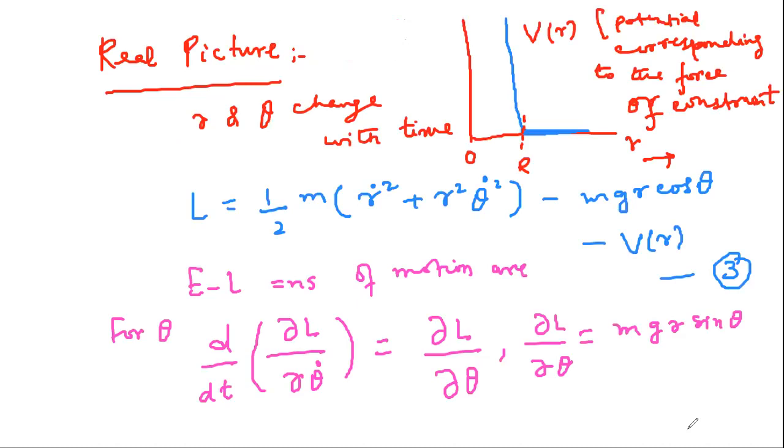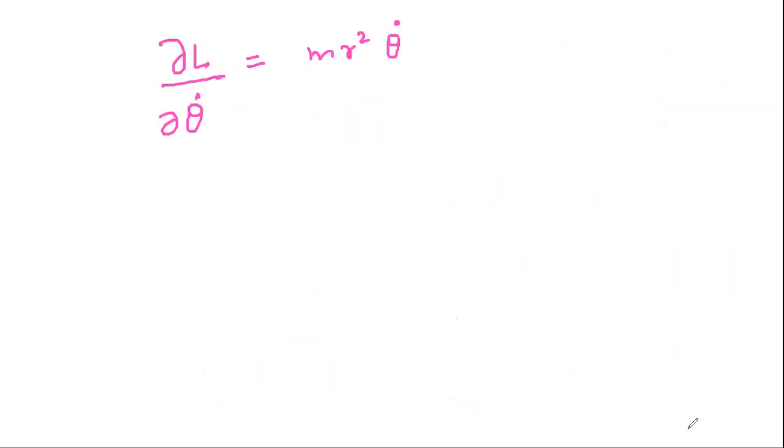Why so? Because there is only one term which contains theta dot, that is half mr square theta dot square. Rest terms are independent of theta dot. So differentiation of theta dot square is 2 theta dot, 2 will cancel out. You will get mr square theta dot, right?